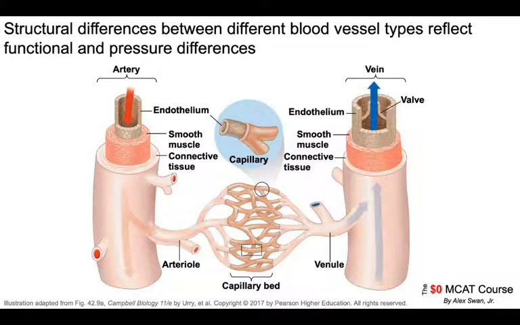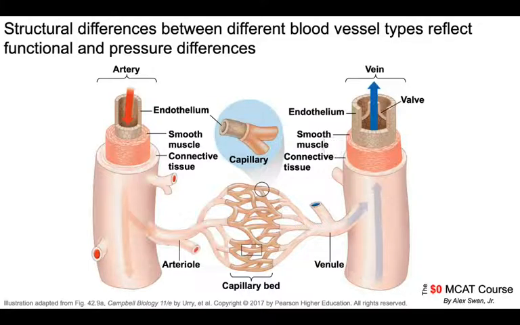Now, as we go to the veins, we realize that the pressure of blood decreases as it's moved through the arterioles to the capillaries, through the venules, and back to the vein. The pressure of blood is much lower. So since the pressure of blood is much lower, we don't need as much support for the vein wall.